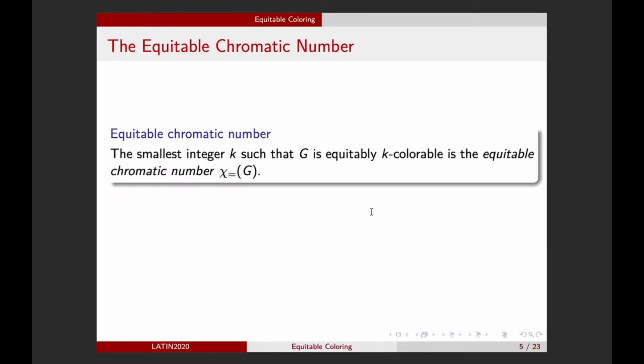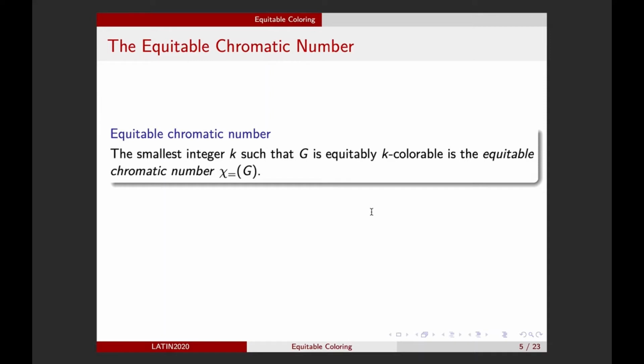As with any graph problem, especially coloring problems, we have some parameters associated with this property of graphs. The first is the equitable chromatic number.